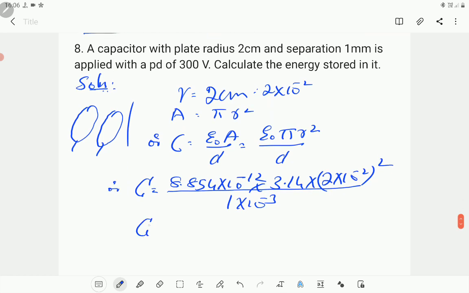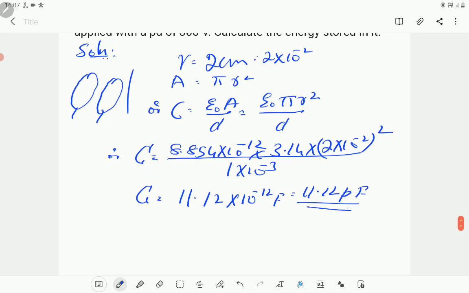If you do simplification as I explained earlier, you are getting 11.12 10 to the power minus 12 farad. Picofarad, you can write 11.12 pico. It's not mandatory to write this way, but we can express this way. If they ask in picofarad, nanofarad, or micro, an additional question, you lose 1 mark.